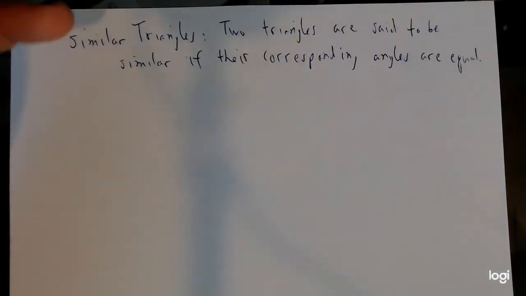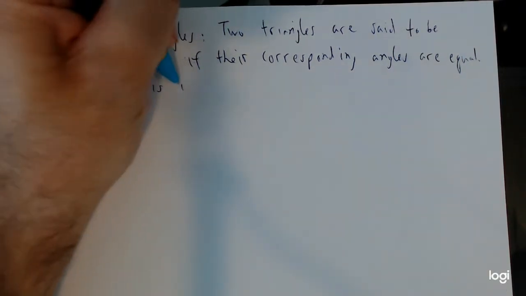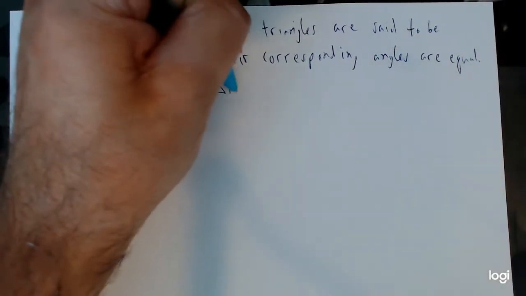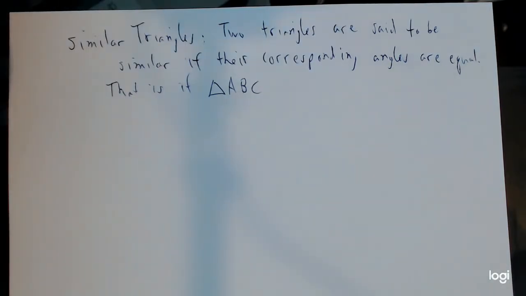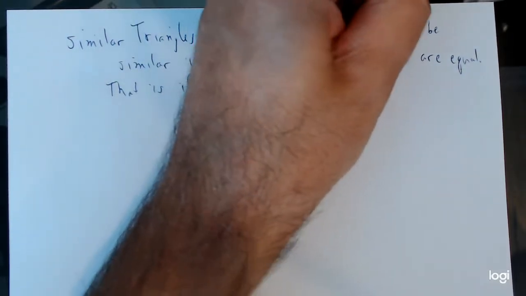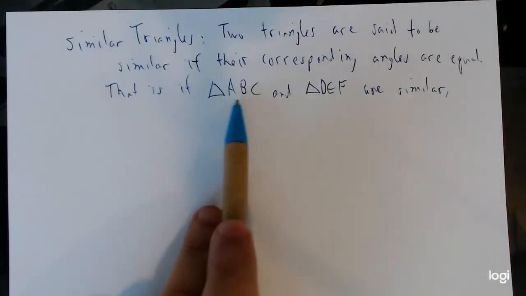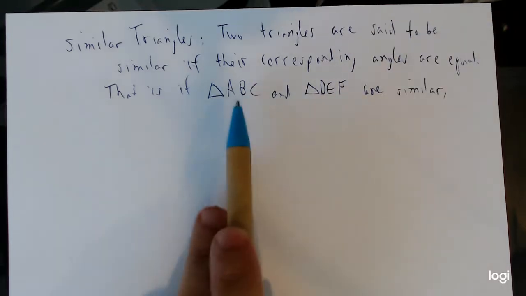In other words, if triangle ABC and triangle DEF are similar, and notice how we've written them, A, B, C, D, E, F. If these two are similar, then the order matters.